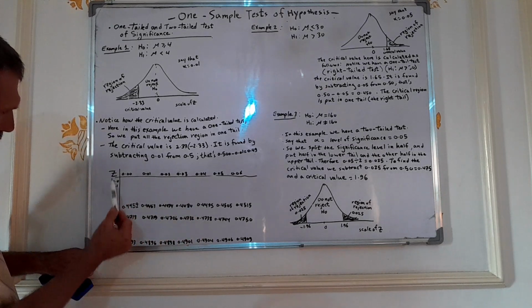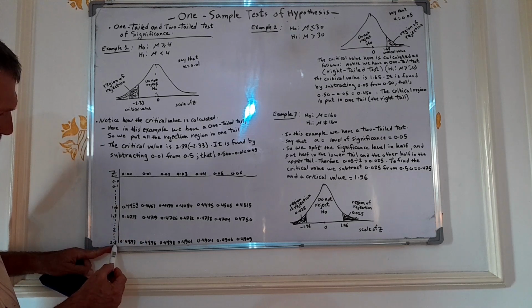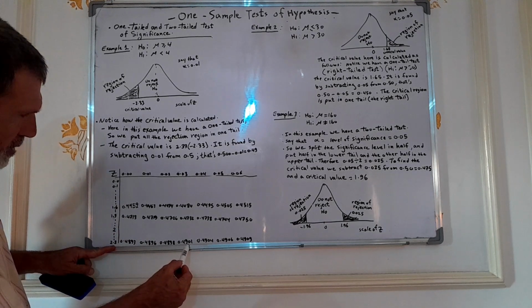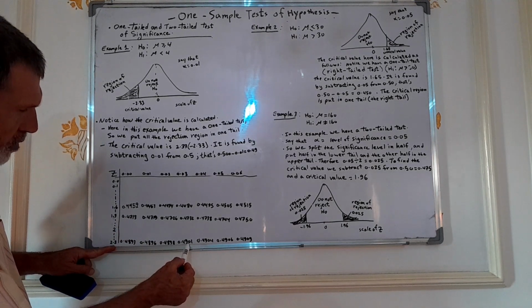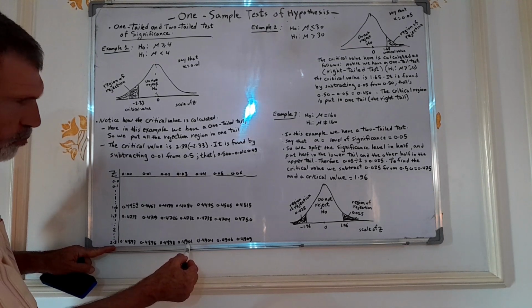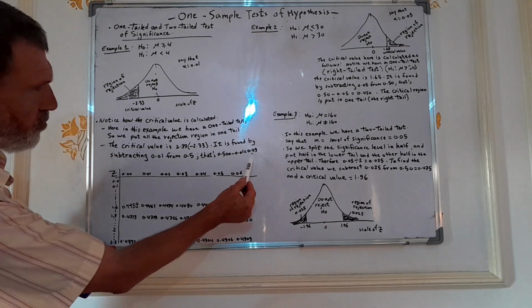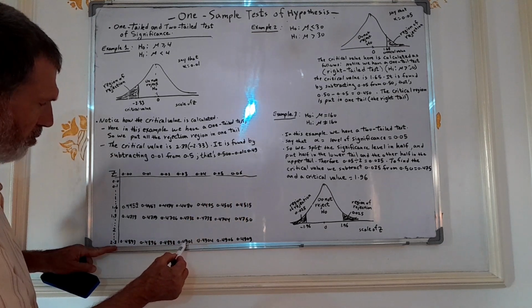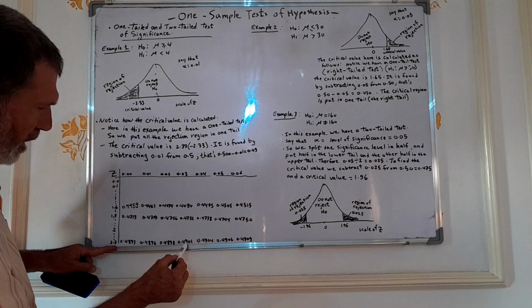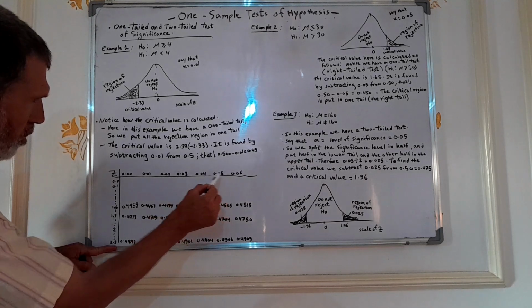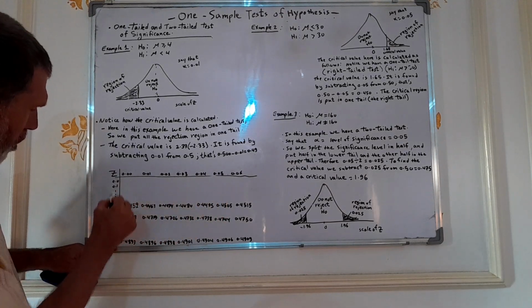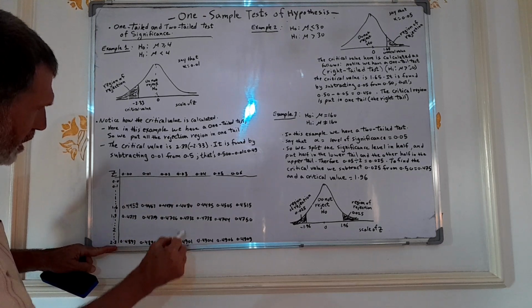Here on the column we got 2.3, and this is the point in the body of the table, 0.4901, which is close to 0.490. So the point of intersection between the row of Z and the column of Z is 2.33.